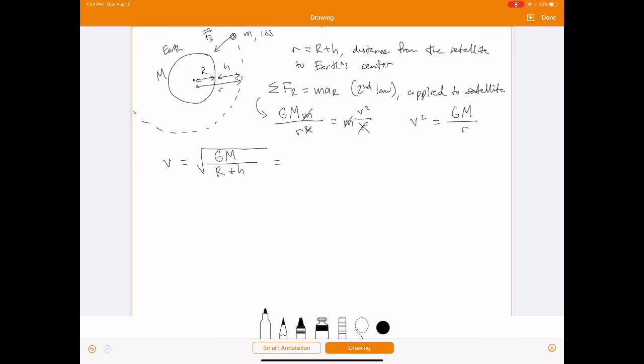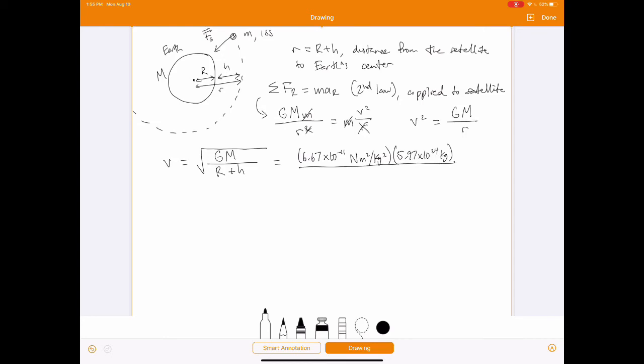Okay, so let's plug in the numbers. We can find the speed of the object as it's undergoing this circular orbit. So big G is 6.67 times 10 to the minus 11. The units are newtons meters squared per kilogram squared. The mass of the Earth is 5.97 times 10 to the 24 kilograms.